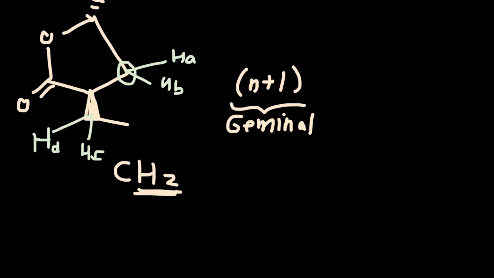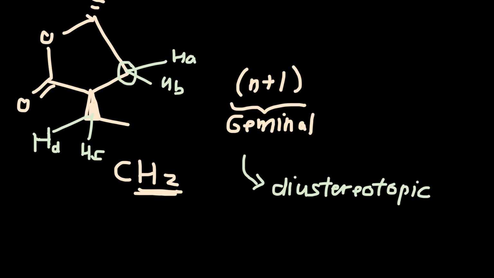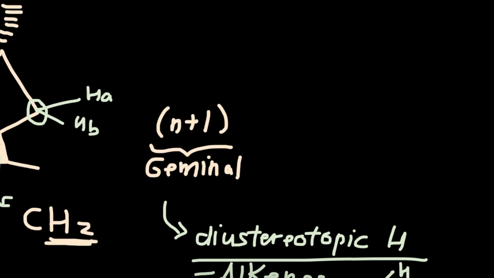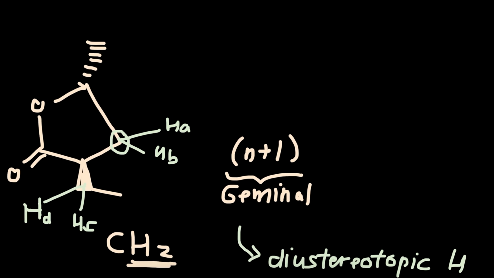Geminal coupling is only for diastereotopic protons, which happens in alkenes, especially when the 2 hydrogens are on the same side of the alkene, and for chiral molecules. So this is the only case when you would use geminal coupling. And then we look at some vicinal coupling.